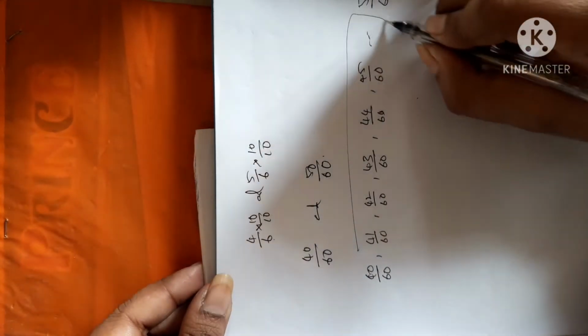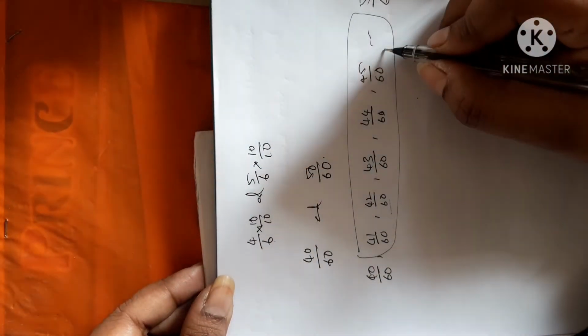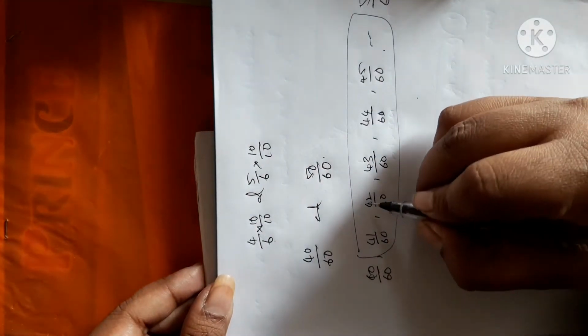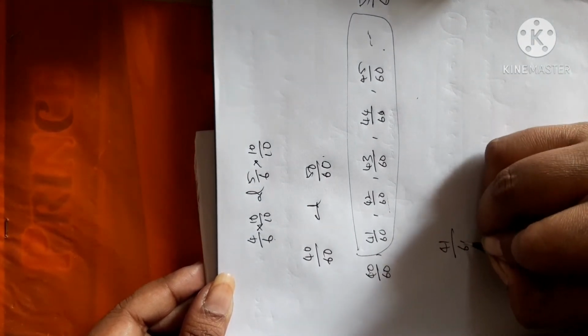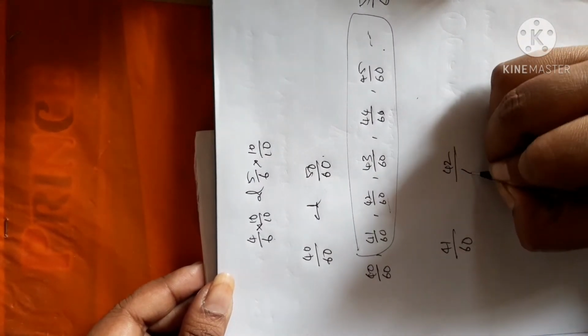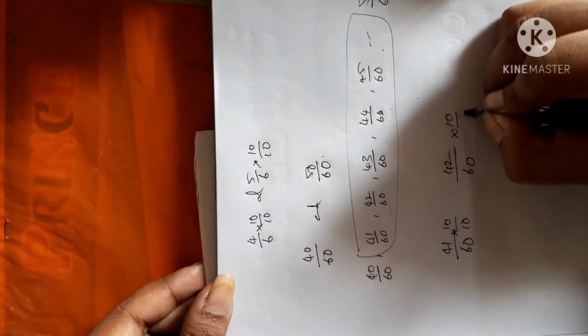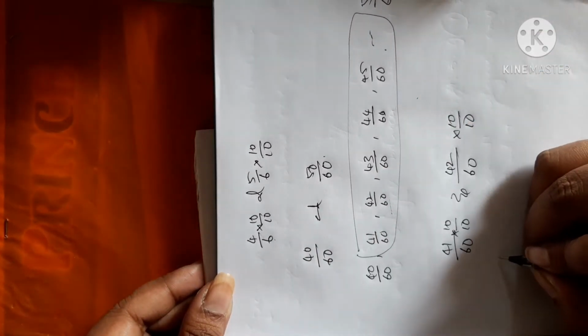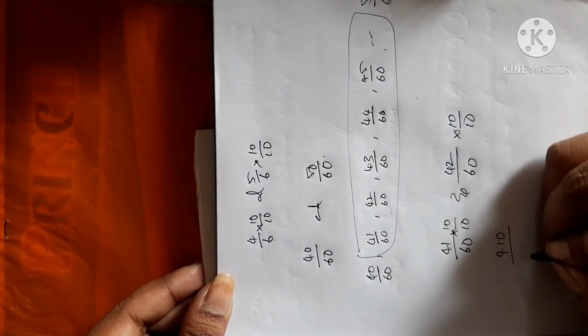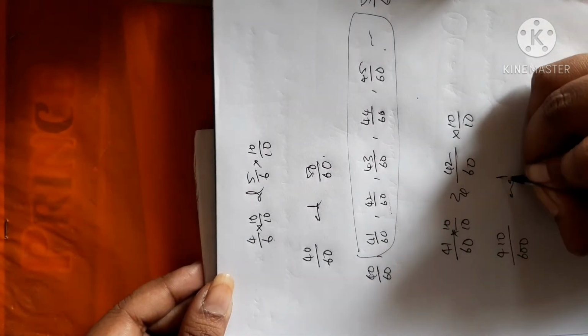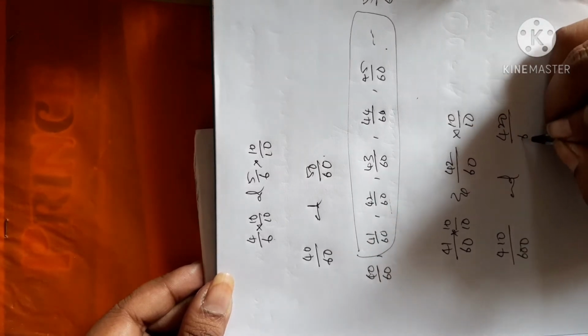Now how many numbers exist? 9, right? Again, between 41 and 42 also you can check, there are more numbers. Again you can multiply 10 by 10. So what you'll get? 410 by 600 and 420 by 600.